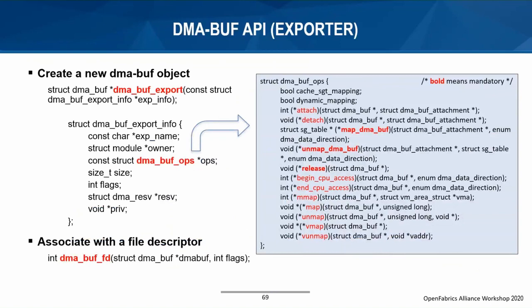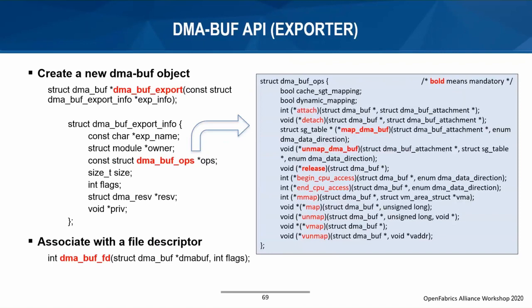Here is the overview of the API of the DMA-BUF at the exporter side. Basically, there are two functions. One is DMA-BUF export. The other is DMA-BUF FD. DMA-BUF export is the main function to export the buffer as a DMA-BUF object. By calling this, it has to define a set of operations.